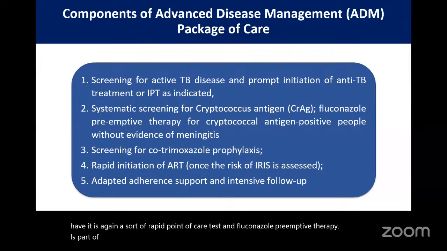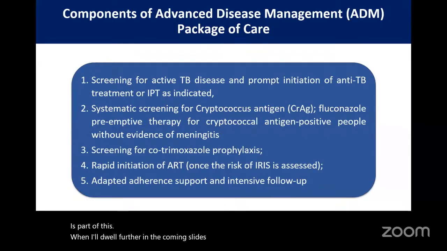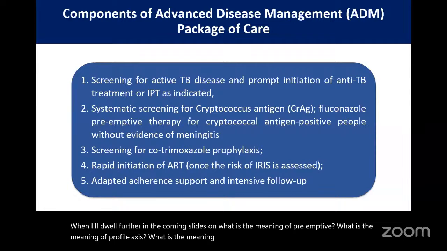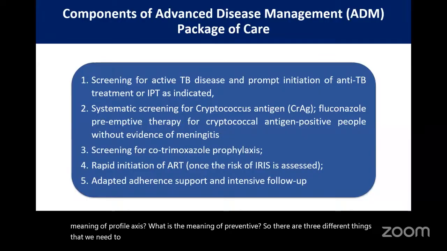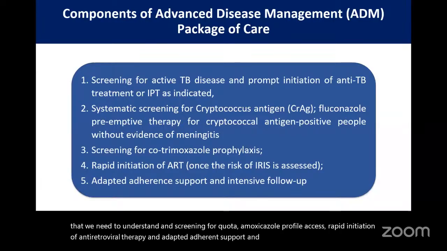I'll dwell further in the coming slides on what is the meaning of preemptive, what is the meaning of prophylaxis, what is the meaning of preventive. So there are three different things that we need to understand. And screening for cotrimoxazole prophylaxis, rapid initiation of antiretroviral therapy, and adapted adherence support and intensive follow-up.